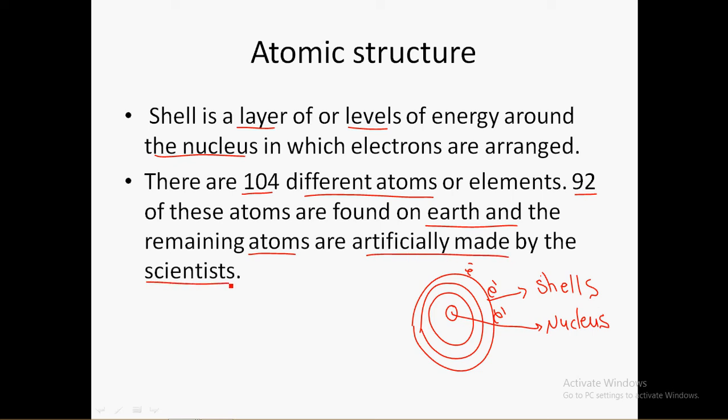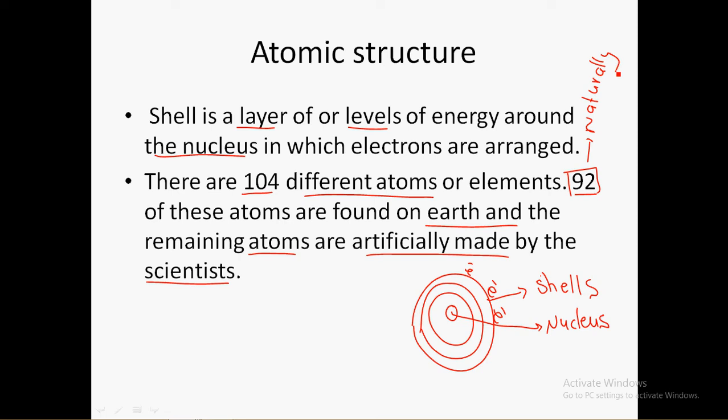So these 92 are the naturally found elements.